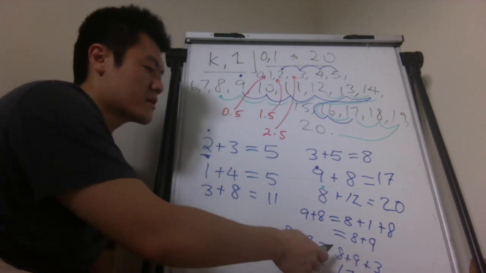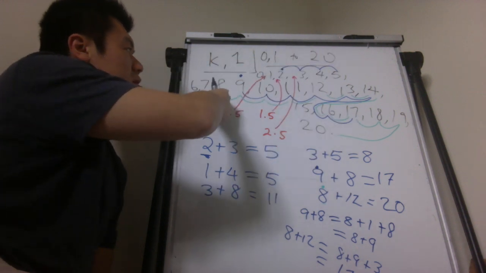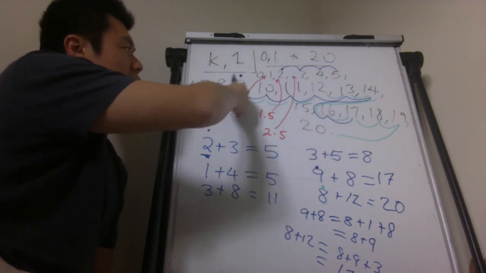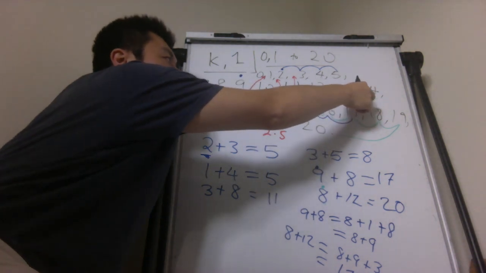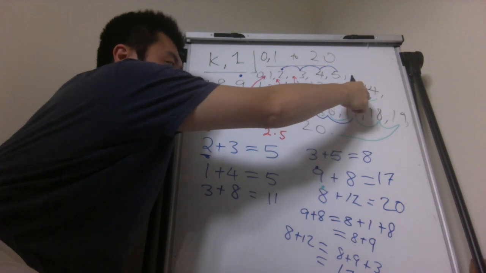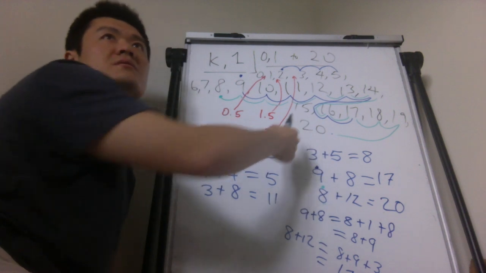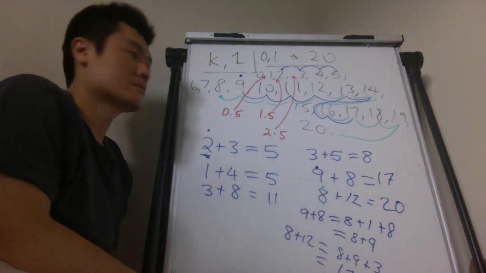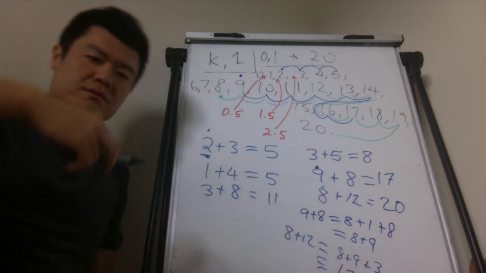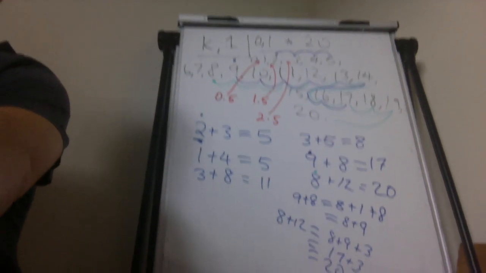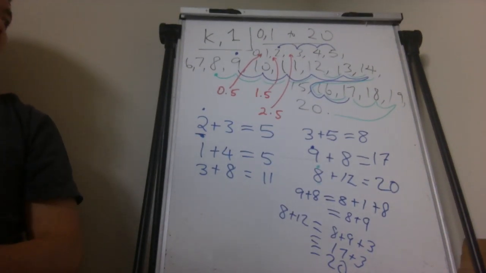So basically, if you want to not redo all this many times again, we can just say, well, 8 plus 1 goes to 9, right? Plus 8 goes to 17, and then plus another 3 goes to 20. Okay? So that's another way to do that.